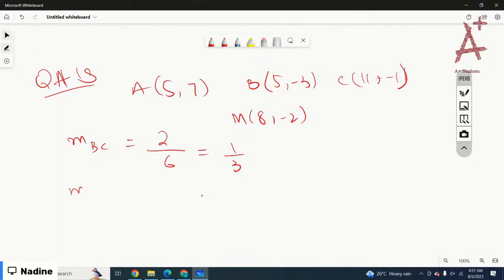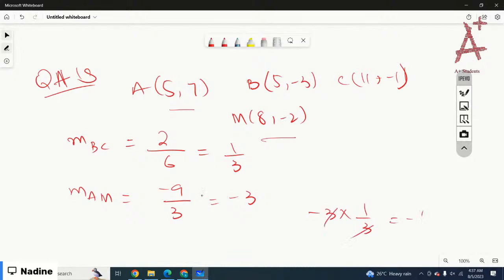Let's just calculate the slope of AM. Negative 2, negative 7, negative 9. 8 minus 5, 3. Negative 3. Okay, you can see the slopes are negative reciprocals, negative 3 times 1 over 3.